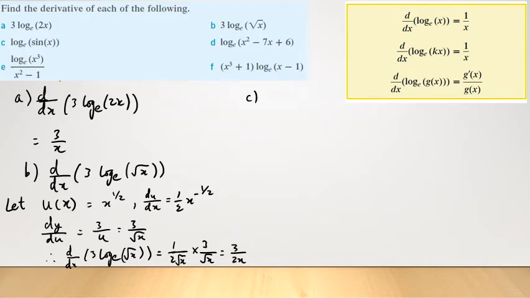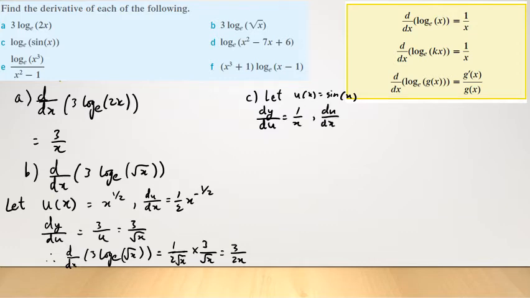C, we have log e sine of x, so same thing, use the chain rule. So let u of x equal the sine of x. So then dy du is just 1 over u.